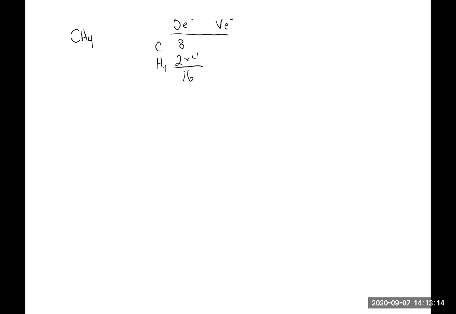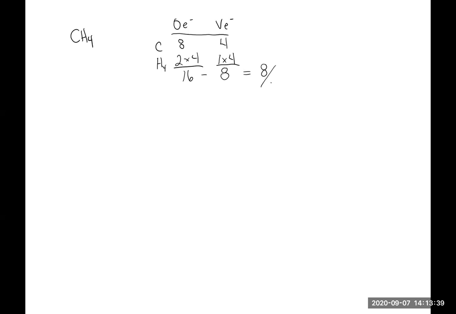And now we look at the valence electrons. Carbon is in group, column, or family 4A, so it has a valence of 4. Hydrogen is in group, column, or family 1A, so it has a valence of 1, but again, there are 4 of them. And so now we have a total of 4 and 4, giving us 8, and when we take the difference, we get 8.